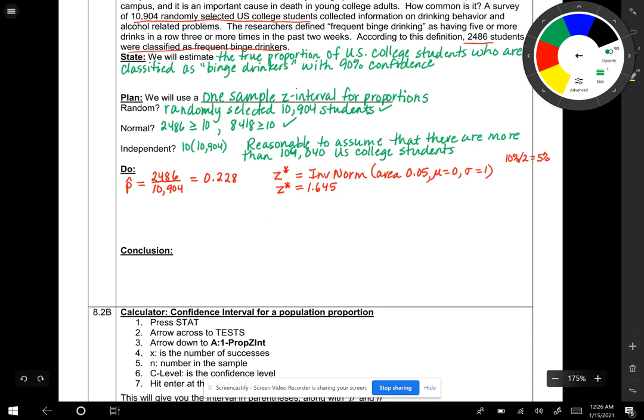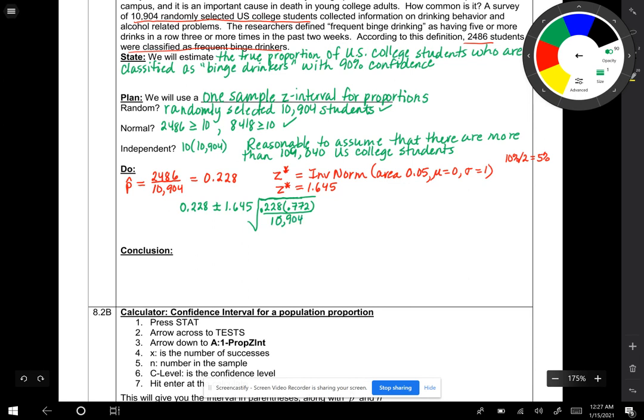So our point estimate, our p hat, plus or minus Z star 1.645 times the standard deviation. Okay, so we have 0.228 times 1 minus 0.228, so it would be 0.772, divided by the sample size, which is 10,904.